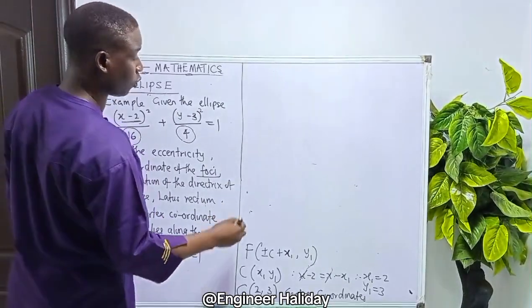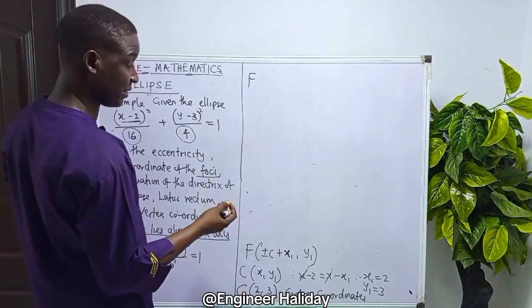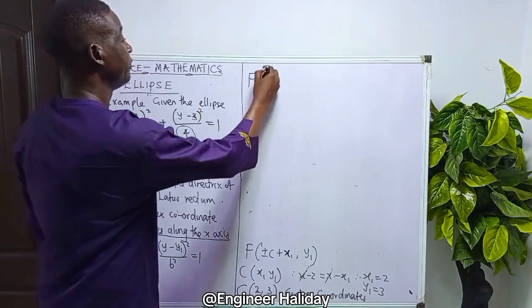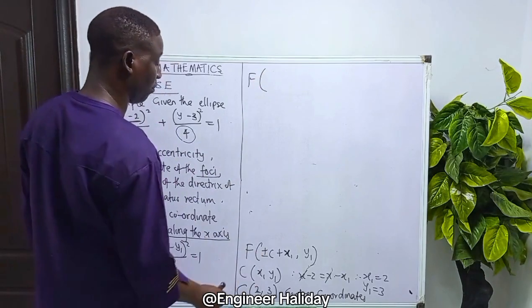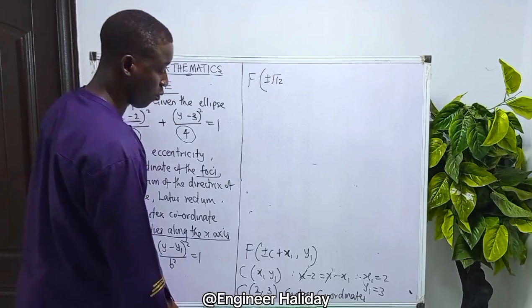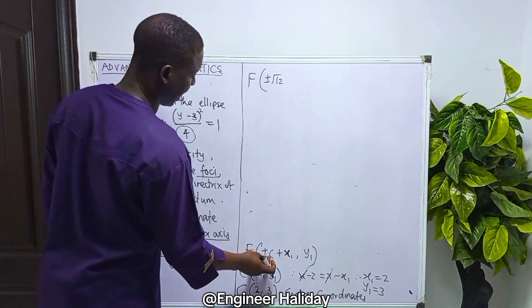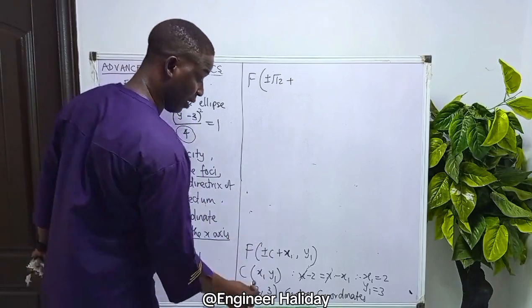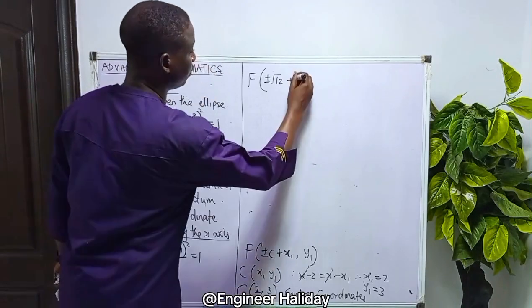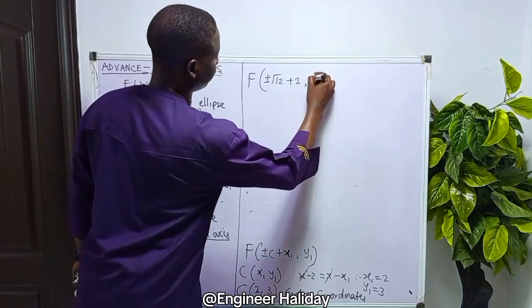Now we'll go ahead to get the focus coordinate. We have gotten our center. What is our plus or minus c? We got plus or minus square root of 12. Check what we're solving for. Now what do we have for x1? Our x1 is 2, while our y1 is 3.